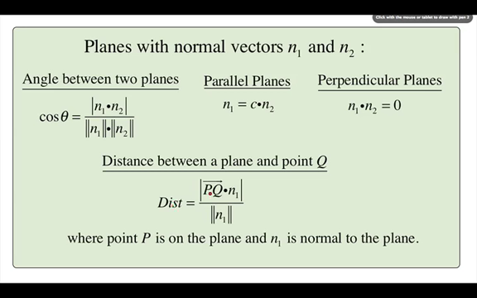So the distance is basically, take the point that is on the plane, the point Q that is not on the plane, find the component form of that vector PQ, take the dot product of that PQ and the normal vector, find the absolute value, and then divide it by the magnitude of the normal vector, and that's basically your distance. This will make a little bit more sense when we actually apply it to one of the examples. So let's move on to the next slide.